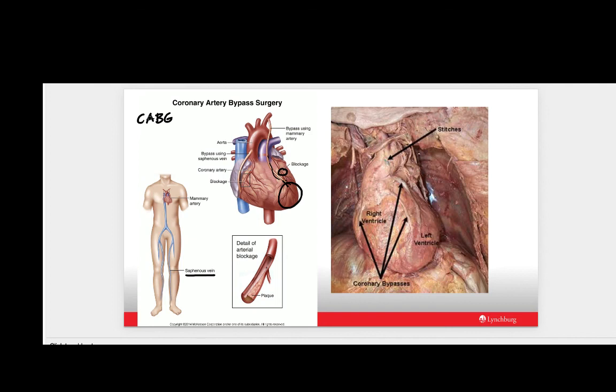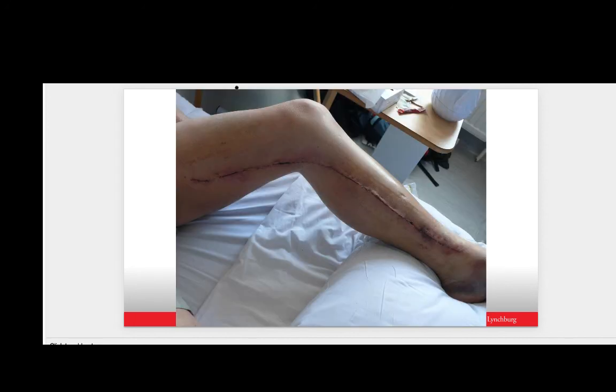Typically you'll see in a patient's chart CABG times 4, or maybe CABG times 2, and that means they had 4 bypasses or 2 bypasses. This is pretty common. This is what it used to look like when I first got out of school, like 20 years ago. It was a huge incision.